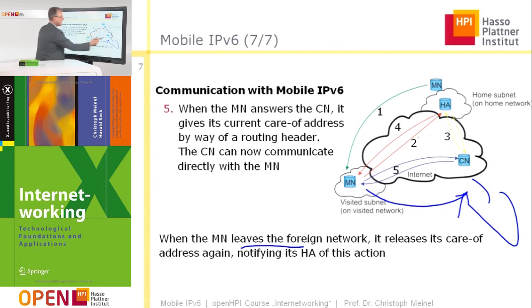It has to communicate this care-of address to the home agent, and then this works. So you see, it's done in a very sophisticated way with this mobile IPv6, which allows hosts to be mobile and to access the internet wherever they are in a very simple and efficient way, without all the routing tables having to be changed, and without all the running applications needing to be informed. These are simply mechanisms which only need a home agent in the stationary network.